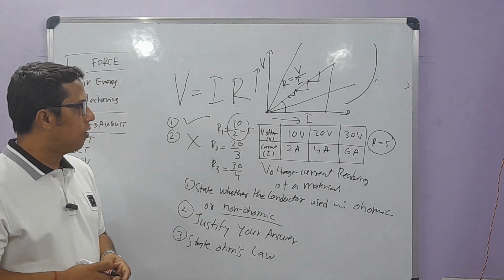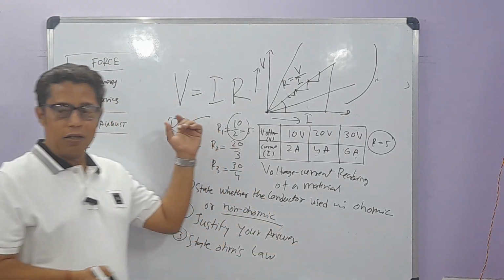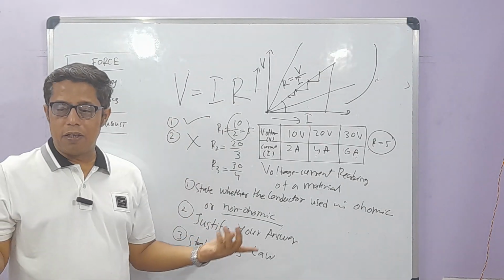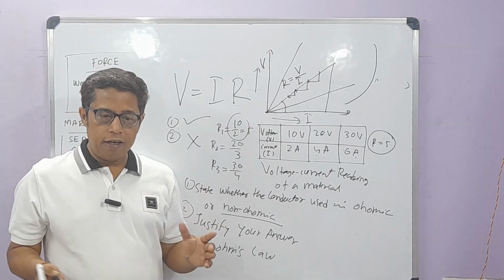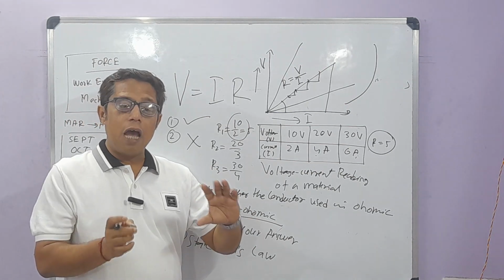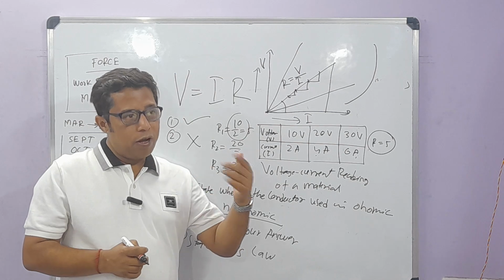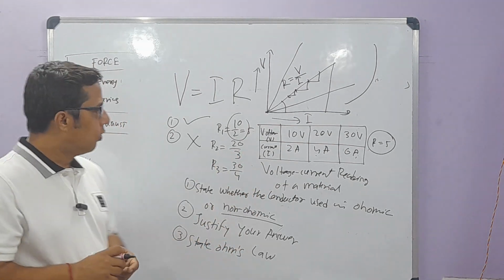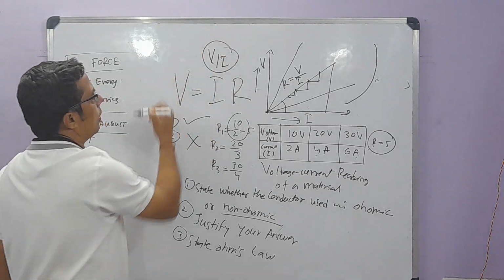For this chapter, we have to understand what Ohm's law is, V is equal to IR. One is the mathematical part, one is the theoretical part. Theoretically, under conditions where temperature is not varying, the current in a circuit depends on the applied voltage. As the voltage increases, the current increases in equal proportion, so V by I will be constant.